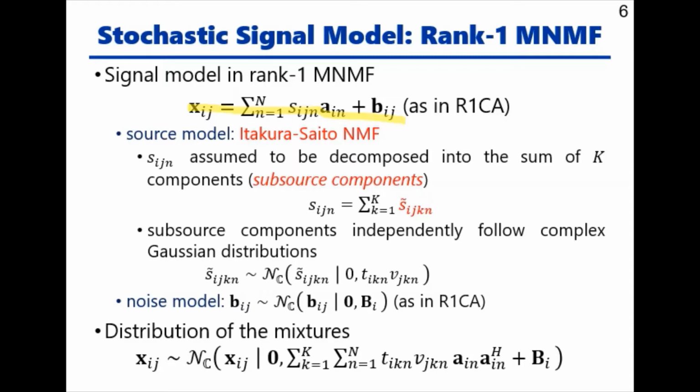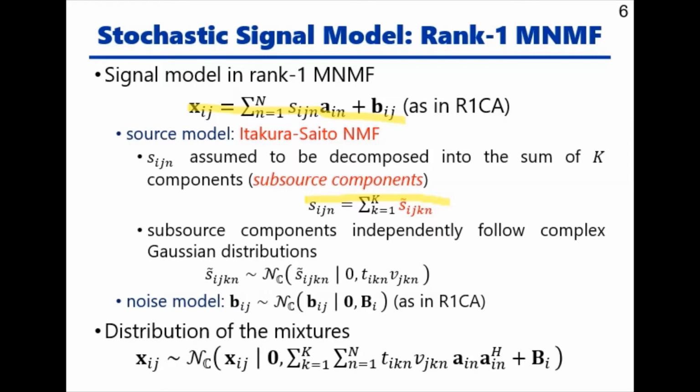Each source signal is modeled as in Itakura-Saito NMF. That is, each source signal is modeled by the sum of k components denoted by S tilde, as in this equation. We call S tilde a subsource component.